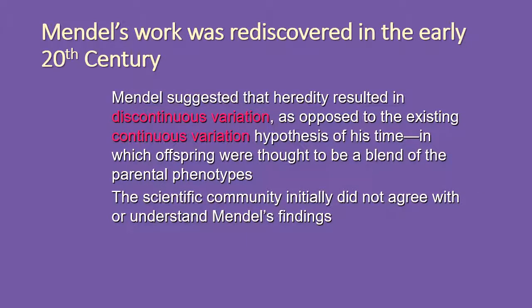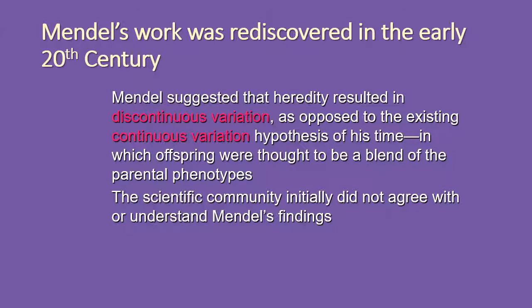So when Mendel was doing his research, it was around the same time that Darwin was working on his Origin of Species, and he was looking at evolution. The idea of how evolution would work was something rather continuous, like parents produce an offspring that's a blend of both parents and gets the best of both worlds, and so that gives them an advantage, evolutionarily speaking.